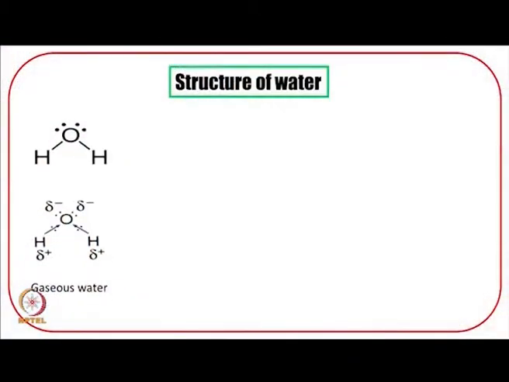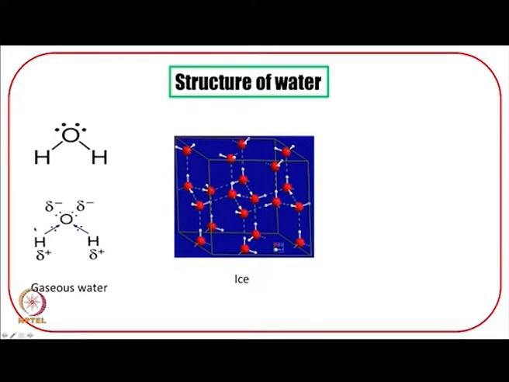For example, let us talk about the structure of water. This is the structure in the figure, structure of gaseous water molecule. In ice, there is a regular tetrahedral network of water molecules, and the water molecules are bonded to each other through hydrogen bonding.